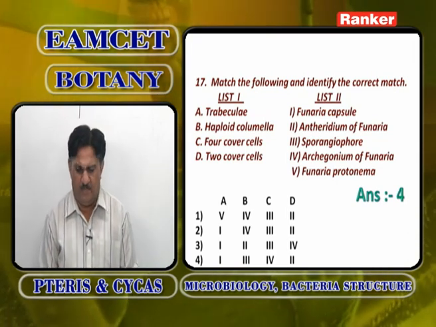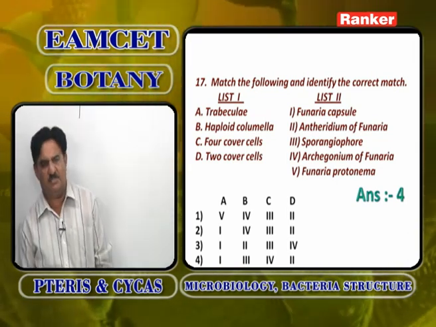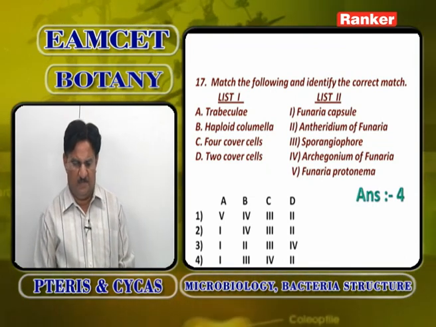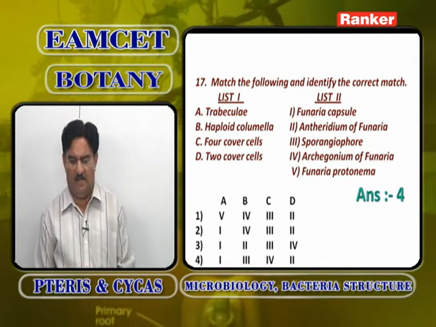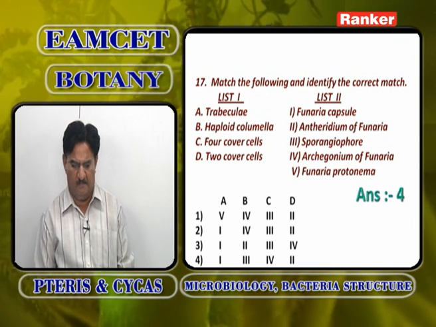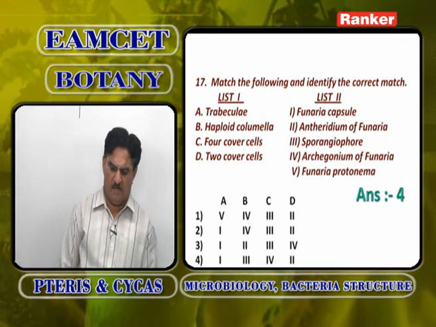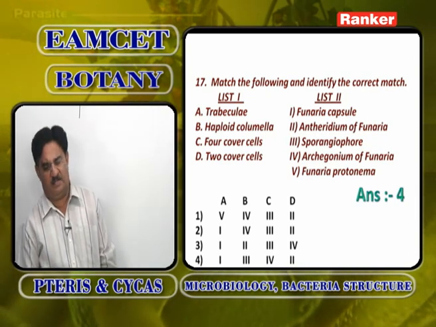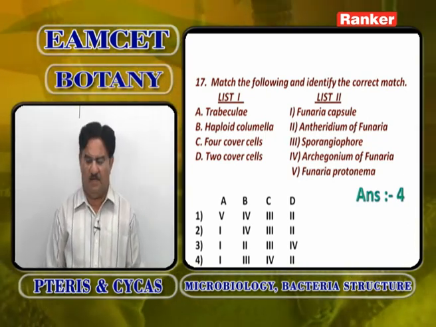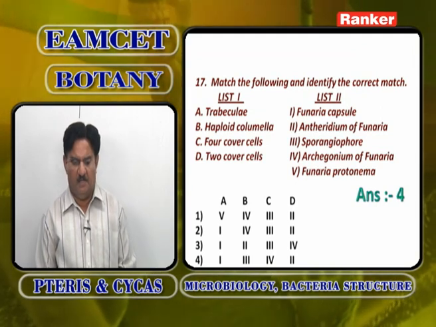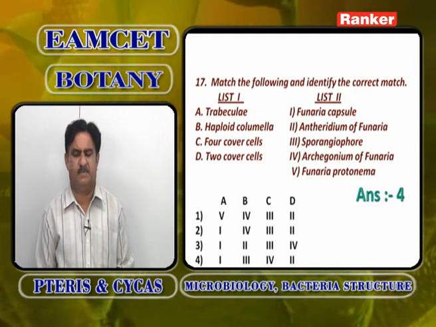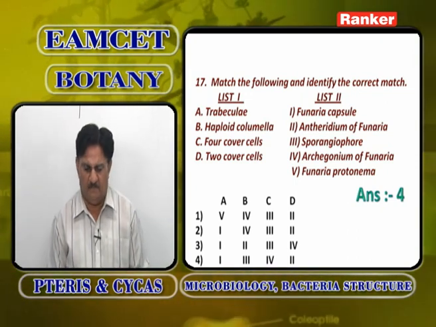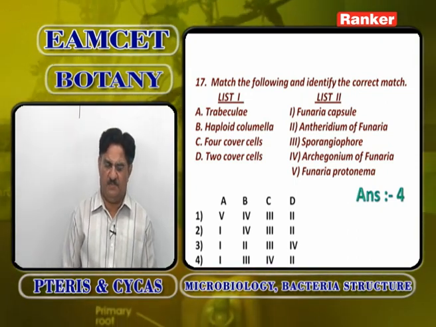Haploid columella is found in sporangiophores. Above the sporangiophore, the sporangium will be there and you will find a haploid columella. Then 4 cover cells are found in Archegonium of Funaria. At the tip of Archegonium of Funaria, 4 cover cells are definitely present. Then 2 cover cells are present in Antheridium of Funaria. So trabeculae are found in Funaria capsule.